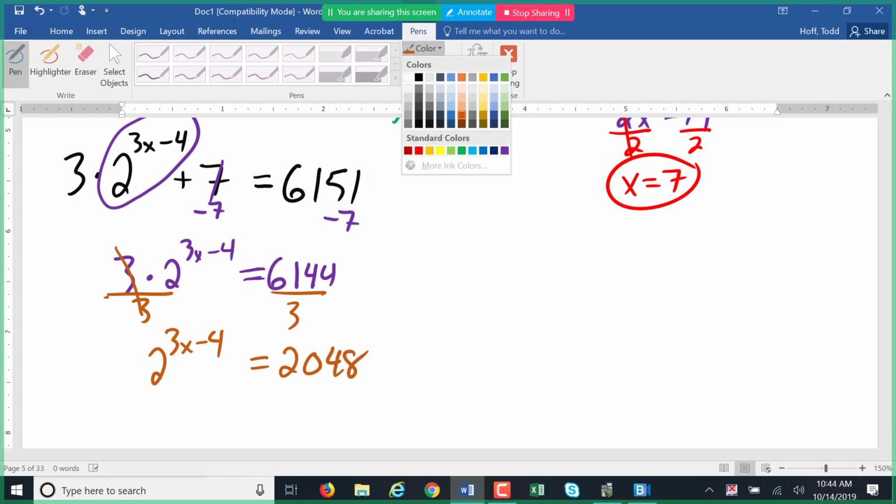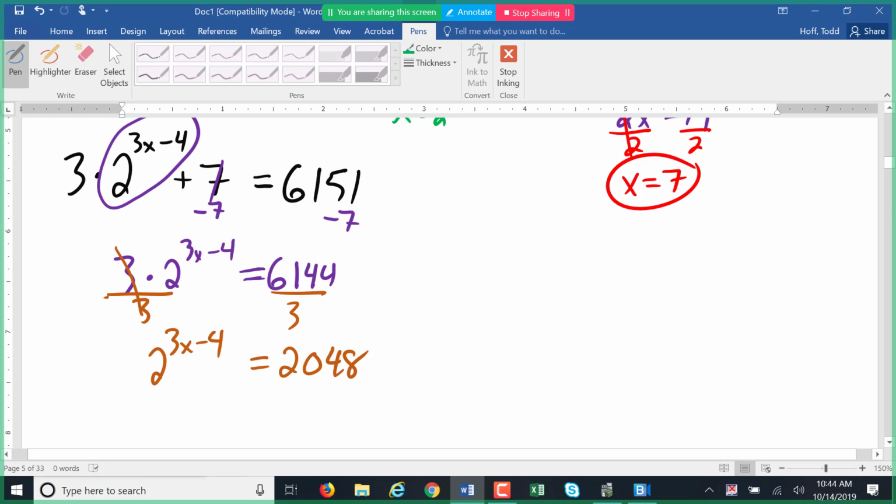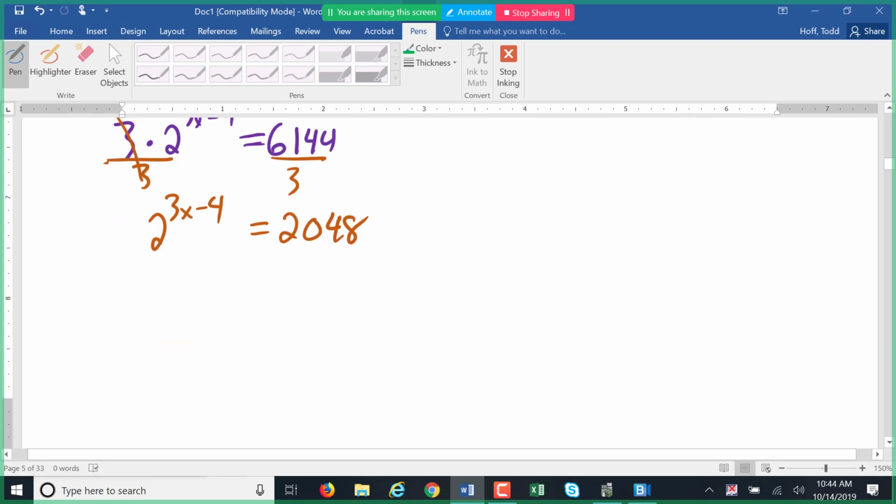Now that we have the exponential isolated all by itself, I need to figure out what 2 to what power is 2,048. We're going to represent the 2,048 as a power of 2. Well, that's 2 to the 11th power, correct? If we double check, if we guess and check.